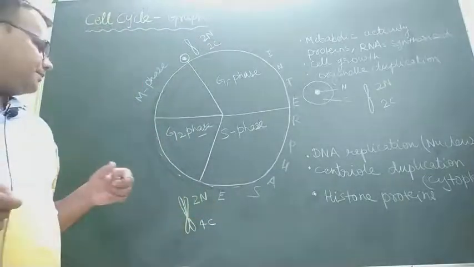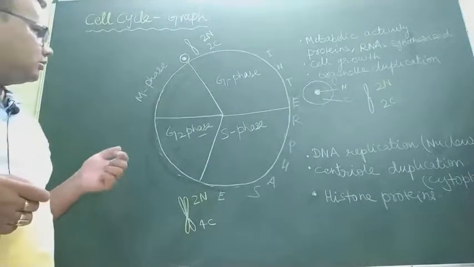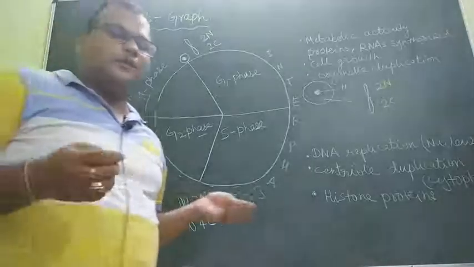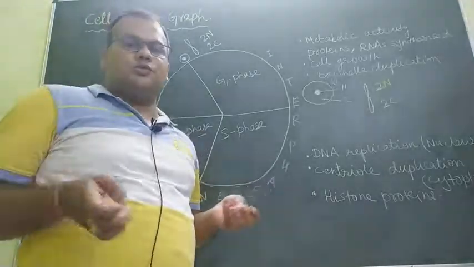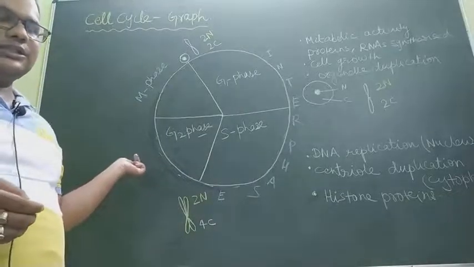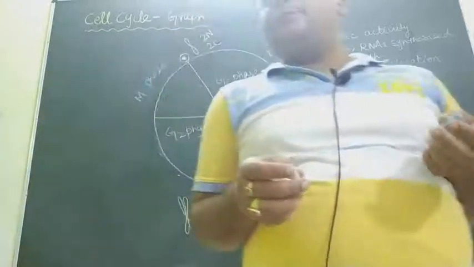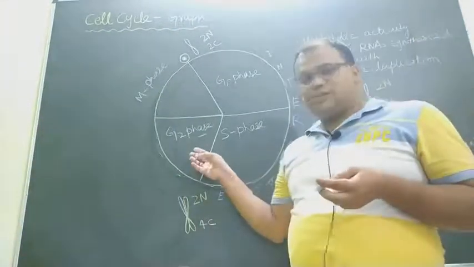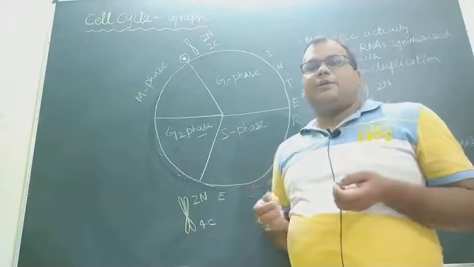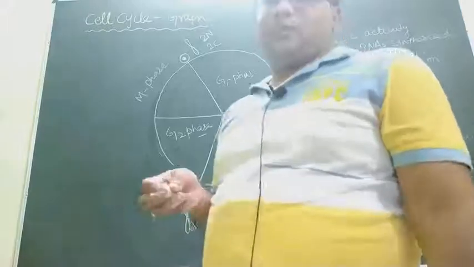In G2 phase, there is checking of DNA, and also the actual division in M phase requires a lot of energy for the separation of chromosomes. So there is a requirement of energy. So ATP is synthesized, and proteins are also synthesized in this G2 phase because there is a requirement of spindle fiber formation, which requires tubulin protein.